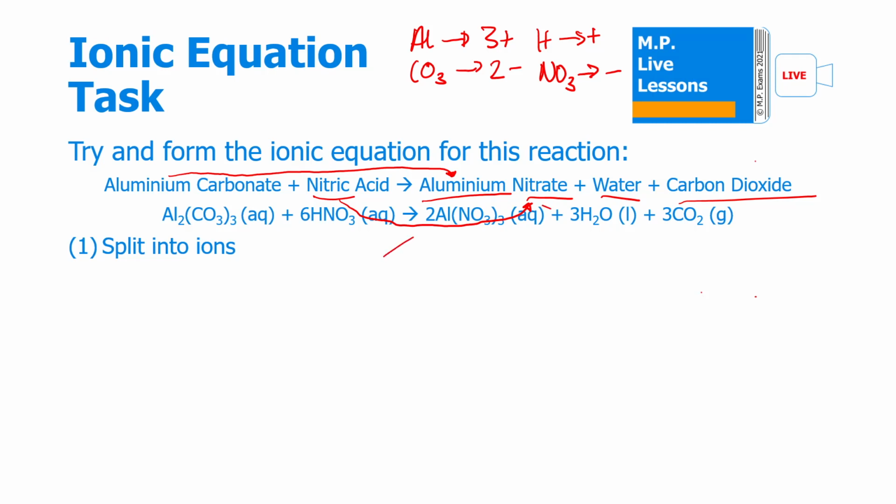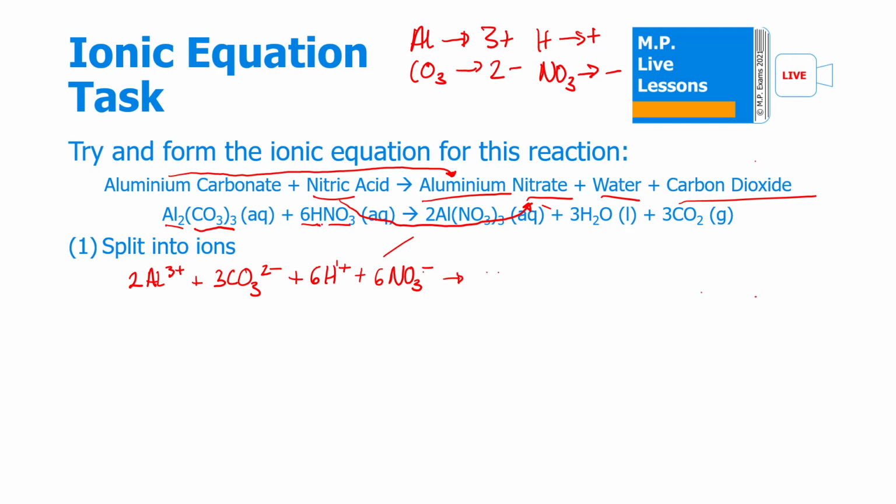So what we get is we have 2 aluminium ions, 3 carbonate ions, 6 hydrogen ions, 6 nitrate ions.